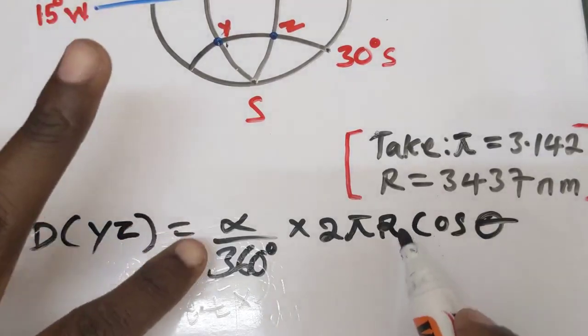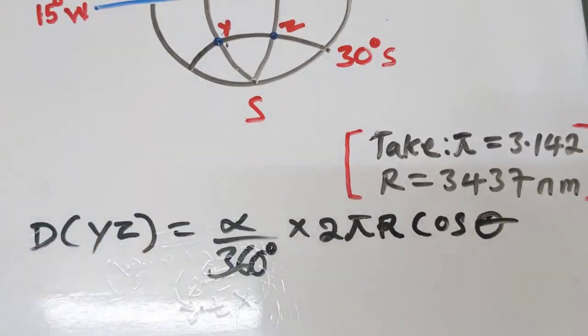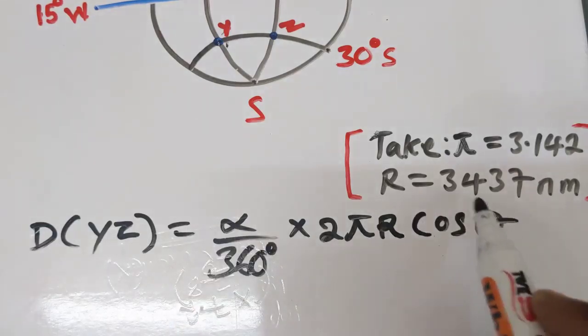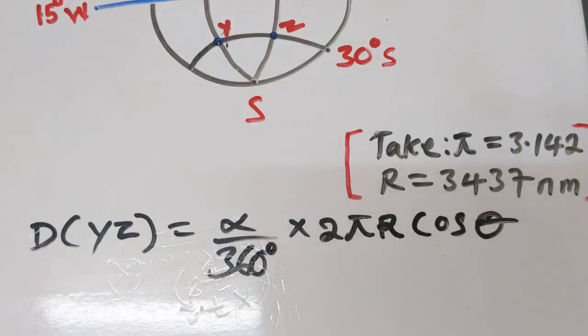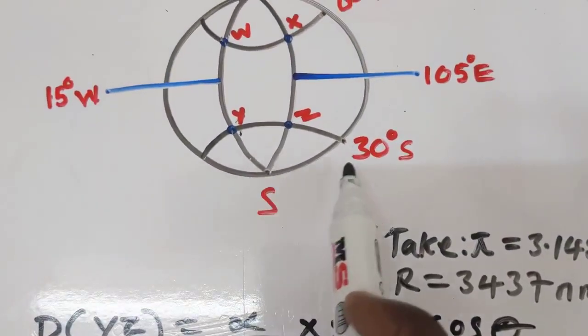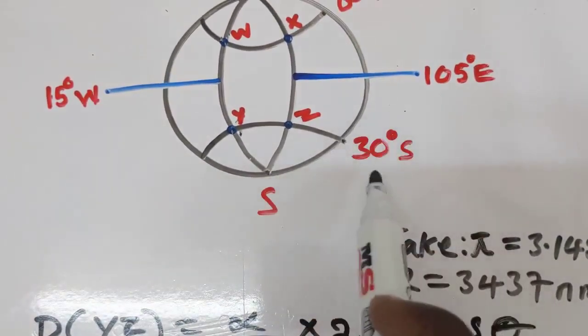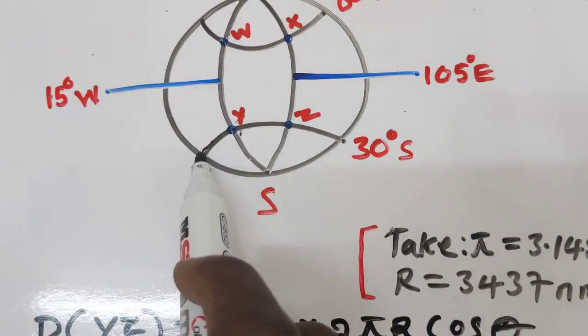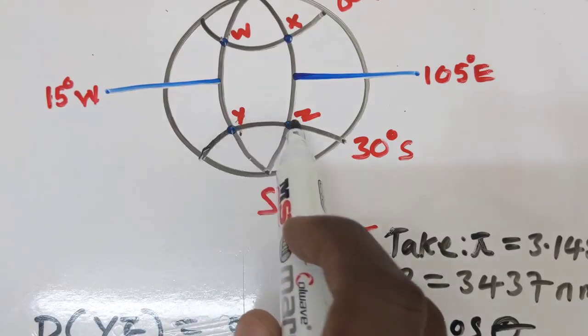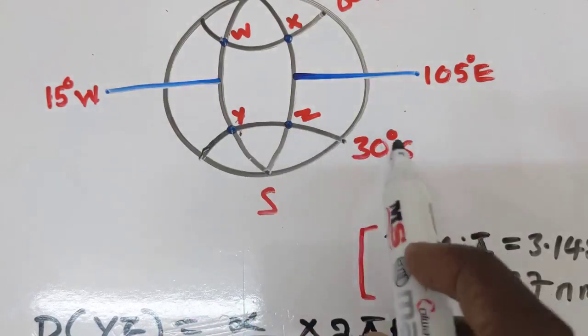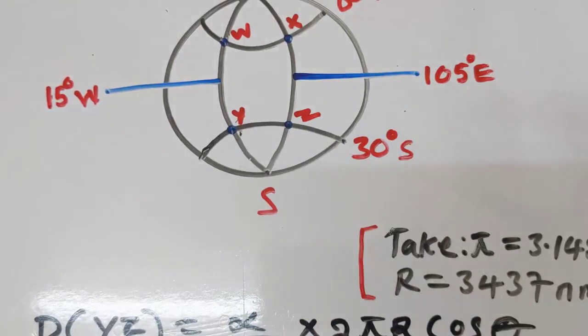This is the formula that we used in longitude. So here we have just included the cos theta. This cos theta is coming from here. You get this as the theta because this is a latitude, and it is 30 degrees south.